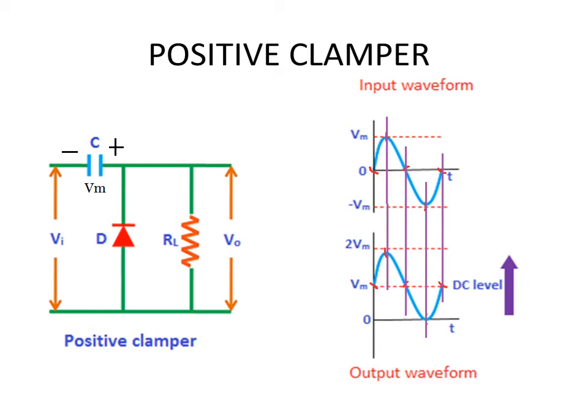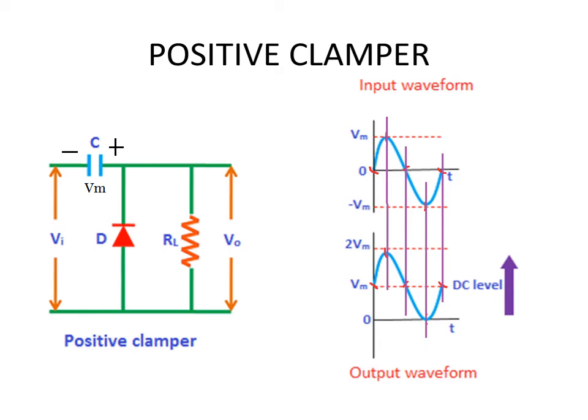So you got altogether 5 points now in the output waveform, and then you just have to preserve the shape of the input wave, because it is not going to change the shape of the wave. It is just going to raise or lower. Whatever be the shape at the input, you just reconstruct by joining these 5 points, and you will be getting your output waveform, and you can see that it has been raised and its trough is now resting at the 0 value.